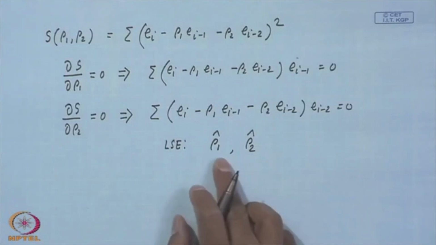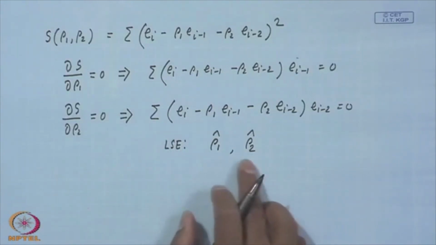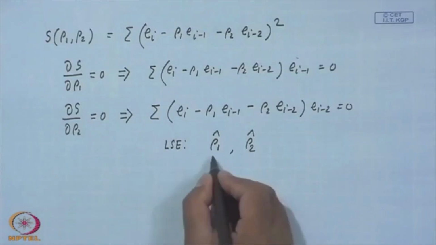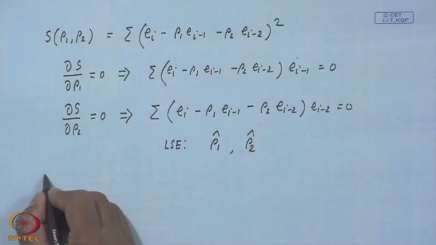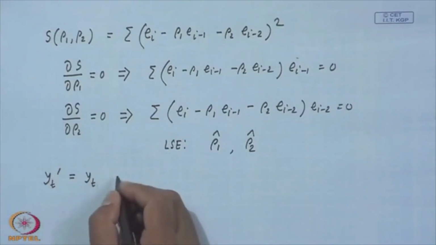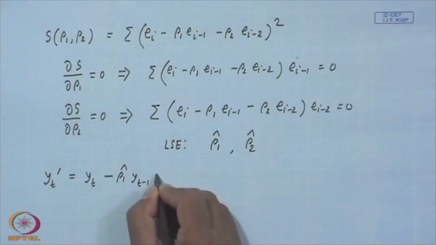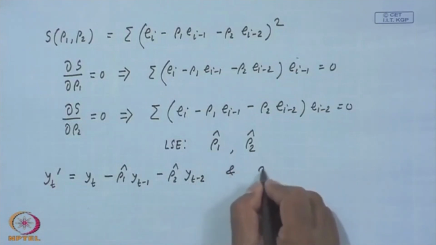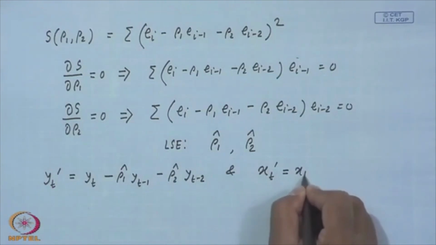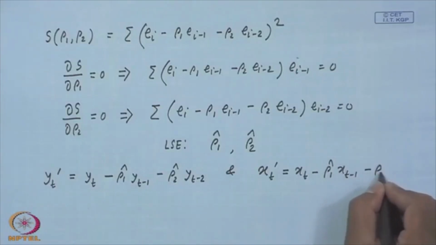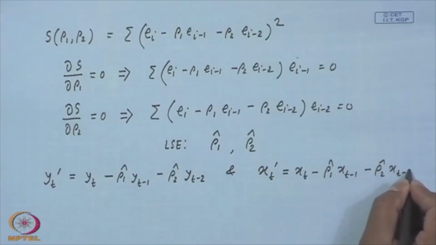Okay. So, once you have these estimated values, now you can use this rho 1 hat and rho 2 hat to get the transformed values. y t prime is equal to y t minus rho 1 hat y t minus 1 minus rho 2 hat y t minus 2, and similarly you get x t prime, which is equal to x t minus rho 1 hat x t minus 1 minus rho 2 hat x t minus 2.